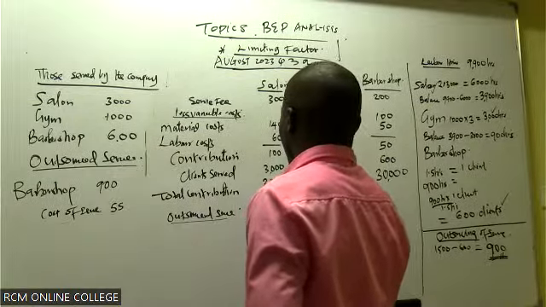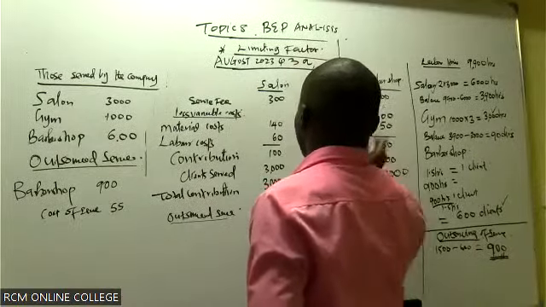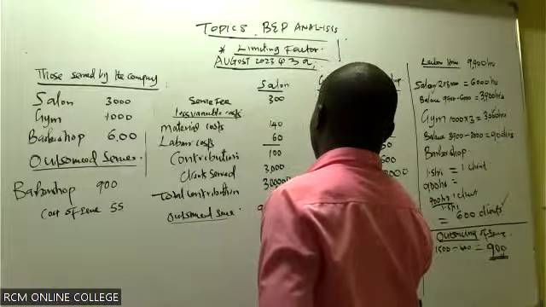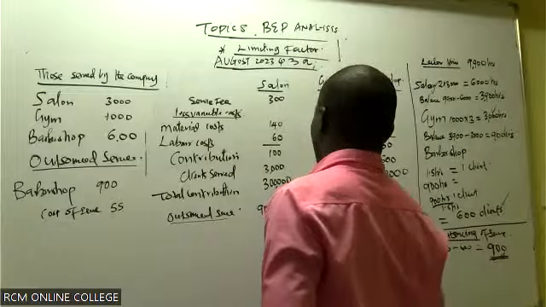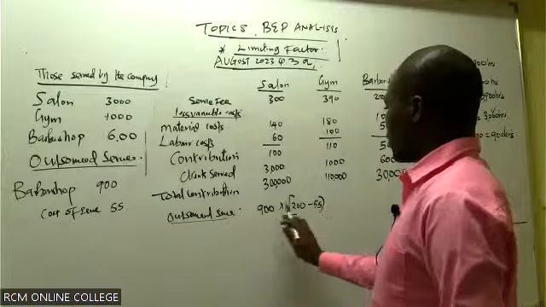But for us here, we are dealing with contribution. So how do we get contribution? It is selling price, which is 200 less 55, which will be 145. So you take 145 by this.